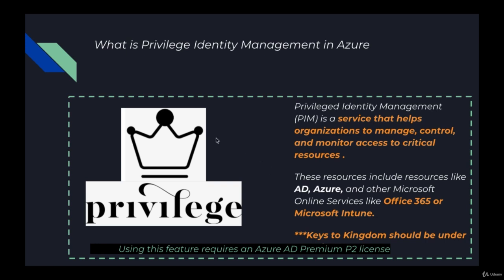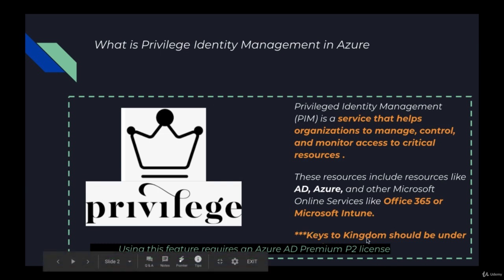So why is privilege identity management important? The people who have elevated access or higher privileges, it is always a security best practice that these keys or identities should be secured properly, because they are generally called the keys to your kingdom. If those keys are lost, then your kingdom is in danger.